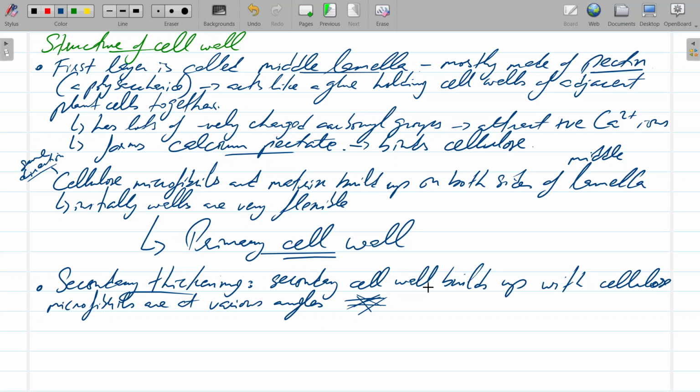It's going to make it much more rigid. And that is what we want. Right? And so they're built up with a dense layer. Then there's a substance called hemicellulose which is added to it, which makes it even harder.